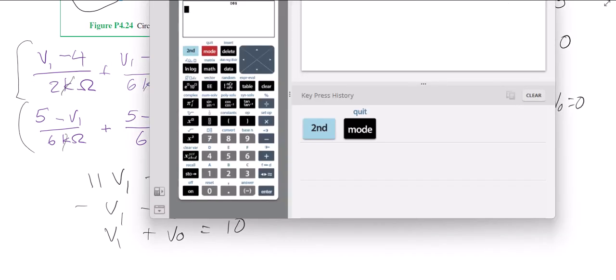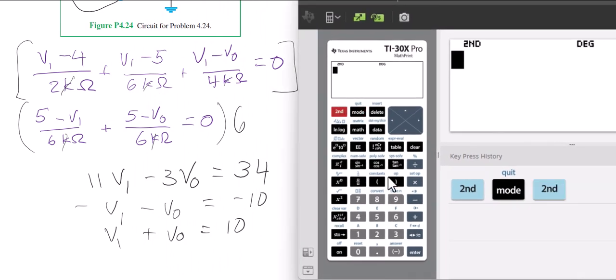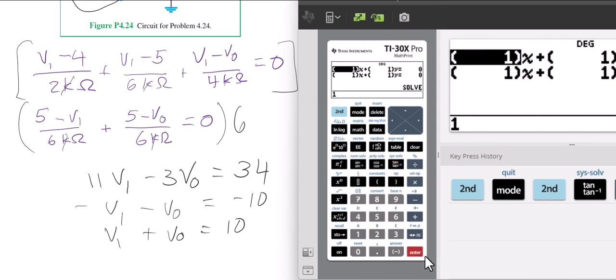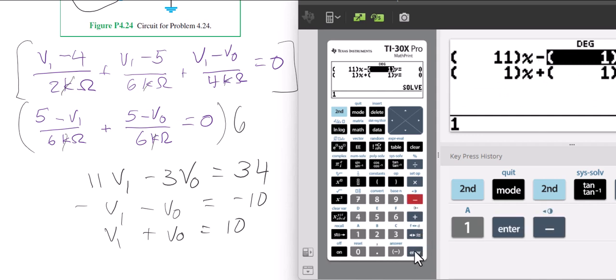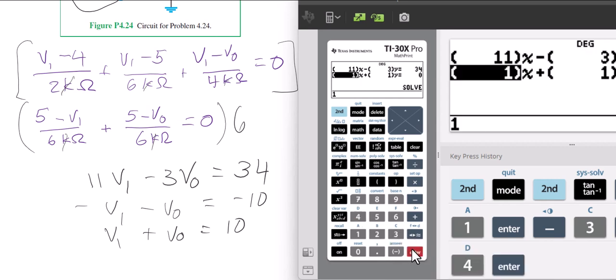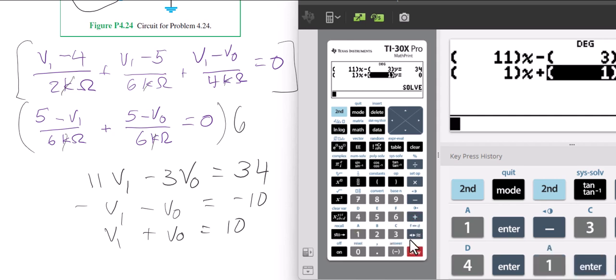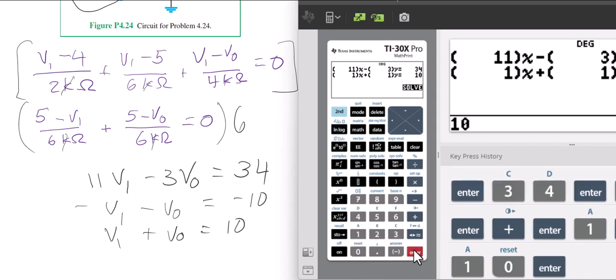Okay. So 11 minus 3 equals 34. 1 plus 1 equals 10.